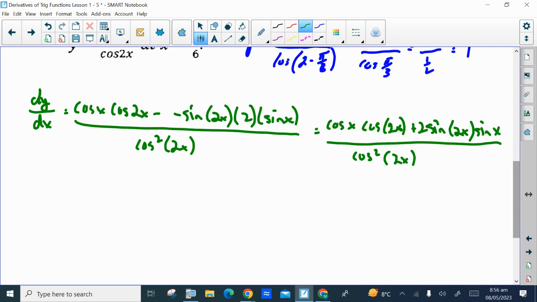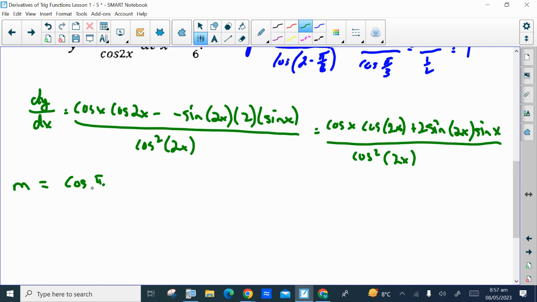If you wanted to, you could do a replacement for cos 2x and sine 2x, but it's not really going to simplify it in any meaningful way, so we'll just leave it as is. But now we can find the slope of the tangent by letting, again, x equal pi on 6, because that is the x value at the point of tangency.